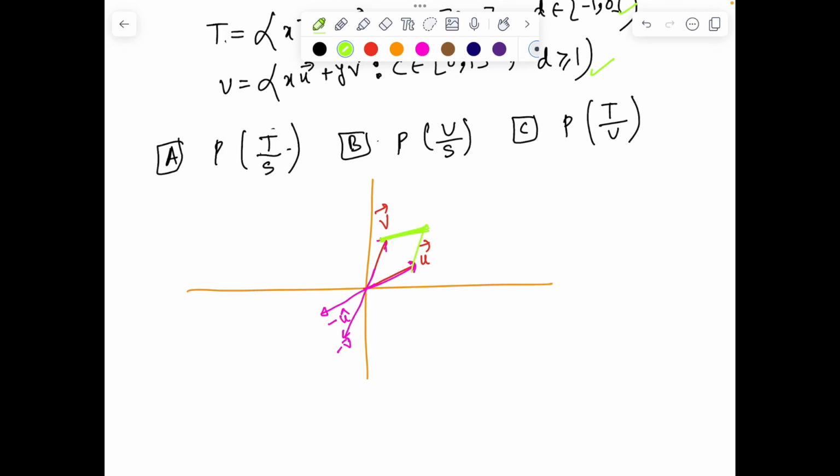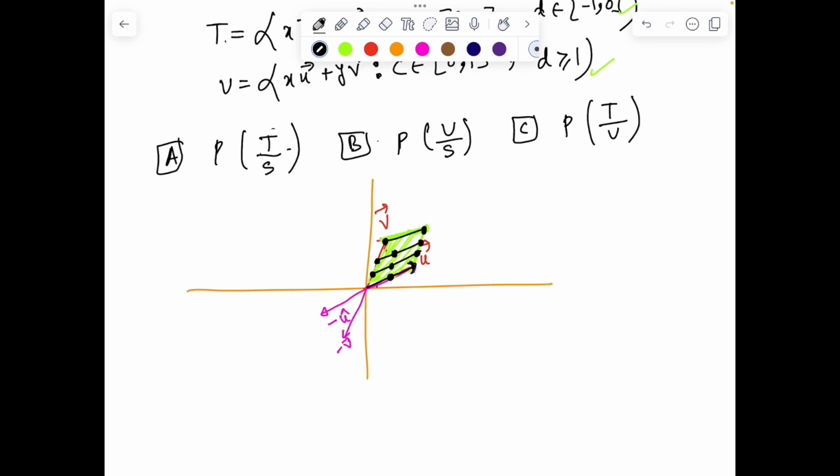So if I see all the combinations of u plus v, by the law of parallelogram we can get any point within this parallelogram. You can feel that very easily. Let's say for a particular u, you keep on changing v. If I take this v, I get exactly this point. For other proportions of v, I'll get this point. For maximum v, I'll get this point. So for u fixed, I'm getting this one.